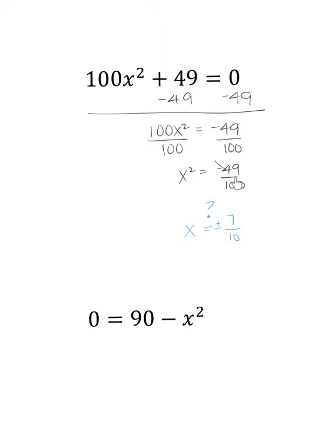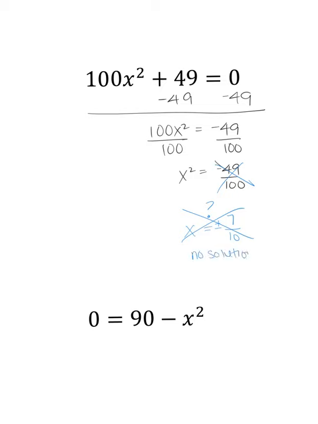Let's say that I said it could equal 7 over 10, the square root of 49 over 100. Well, if I square 7, I'm going to get positive 49, not negative. So there's no way to square a number and have it equal a negative number. For that reason, there is actually no solution to this. We'd say no solution.